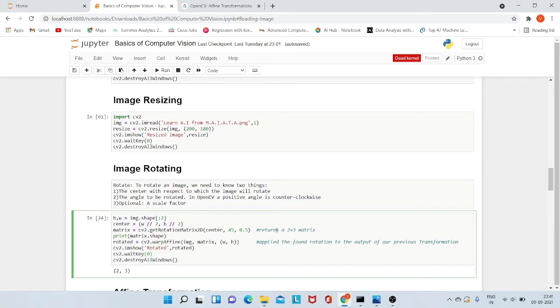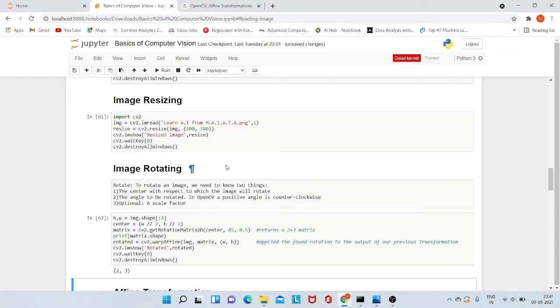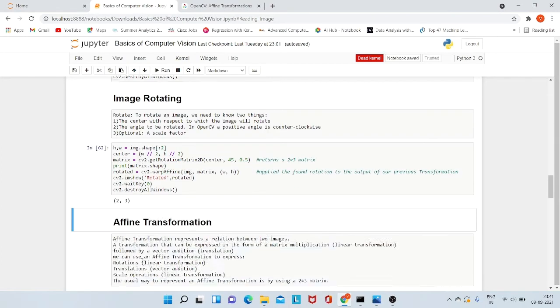Look, this is the transformation we did, and it'll apply the rotation using this matrix. Cool. Let's run this and see. You can clearly observe that the image has been rotated by 45 degrees with respect to the horizontal. Okay, let's see the shape, and yeah, as mentioned here, it's a 2 cross 3 matrix.